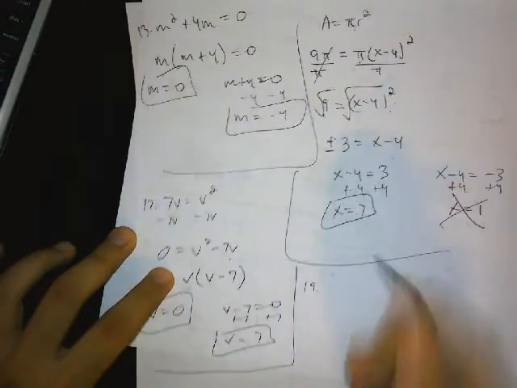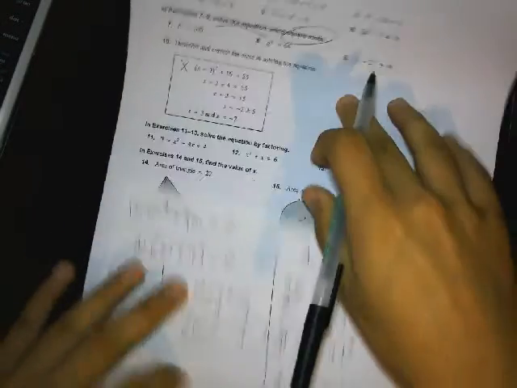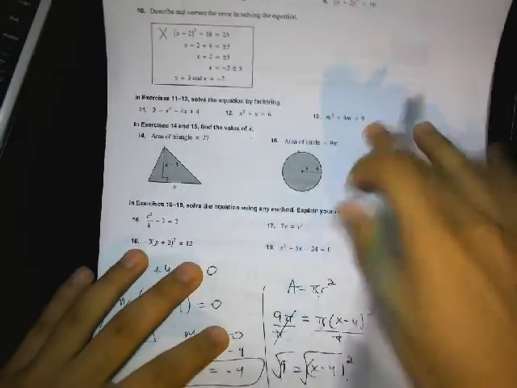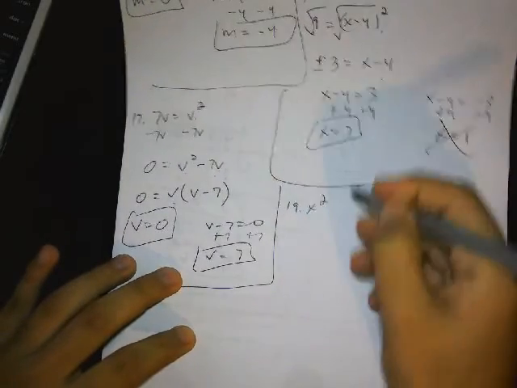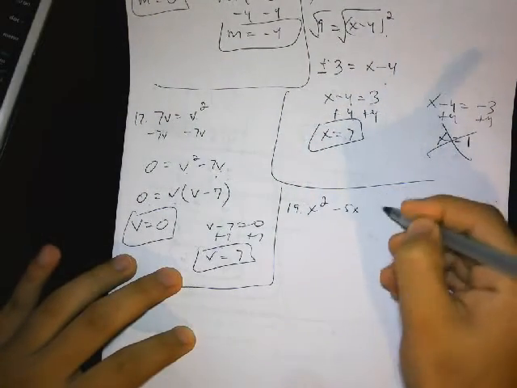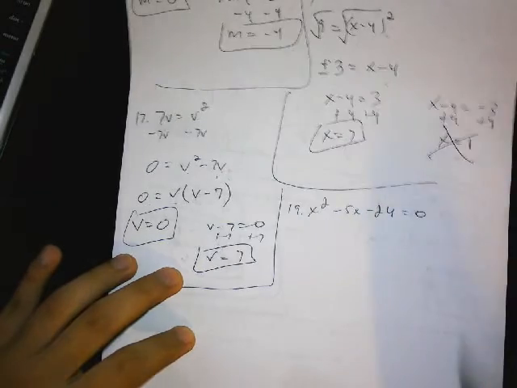Alright, number 19. That's going to be our last one for today. Number 19 reads, x squared minus 5x minus 24 is equal to 0.